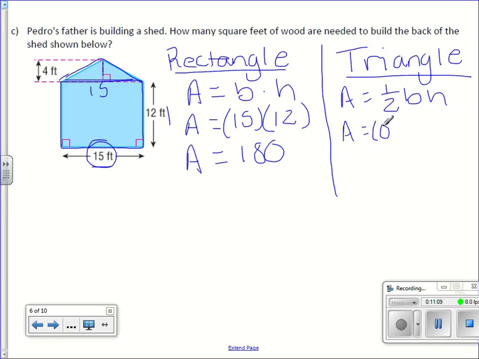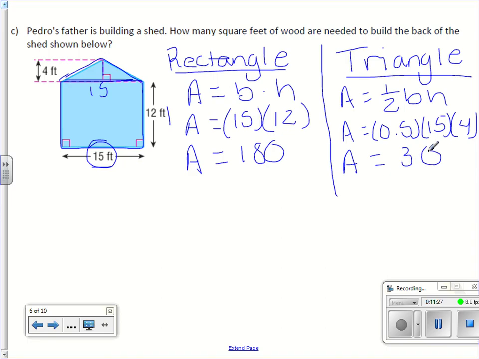Area equals 0.5. Our base we discussed is 15. And the height of the triangle is 4. Multiply those together, and we get area equals 30.